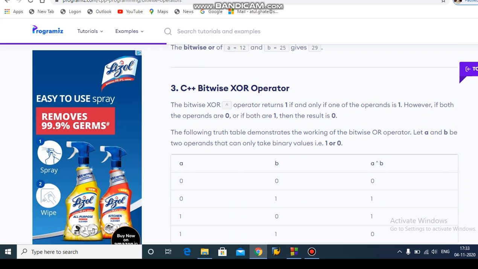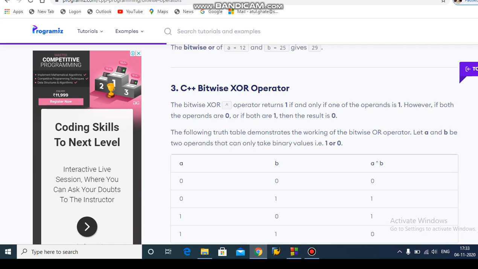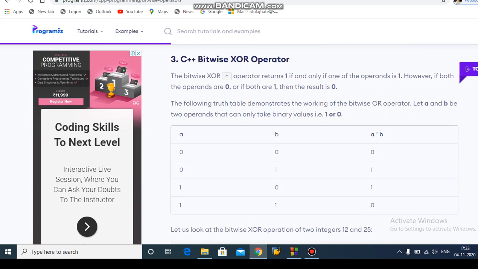The bitwise XOR operator returns 1 if and only if one of the operands is 1. This is the XOR operator. However, if both operands are 0 or if both are 1, then the result is 0. So this is the logical statement.